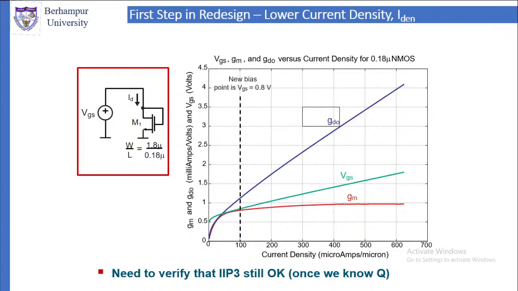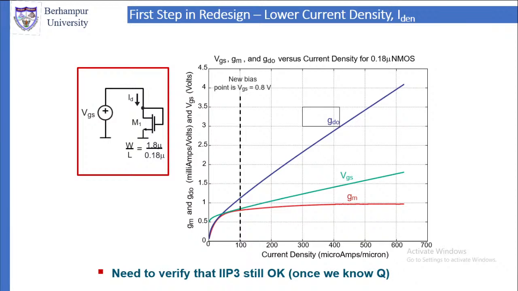So the first step in redesigning the LNA is to look for low current density. So the current density should be lower. That is the first step. So go to a new bias point.